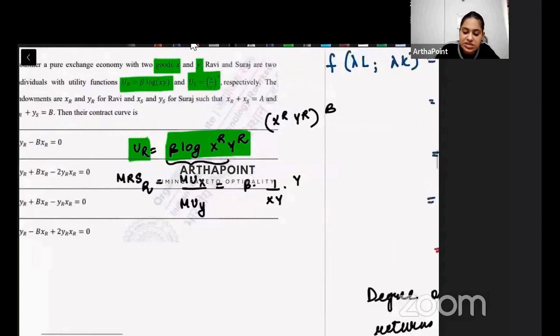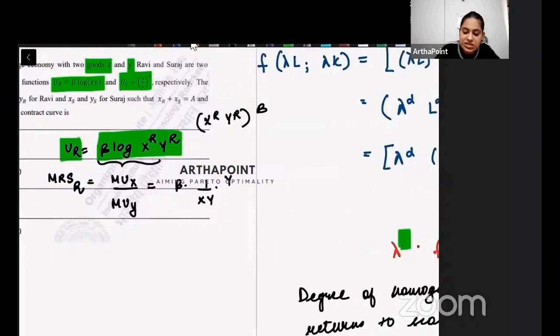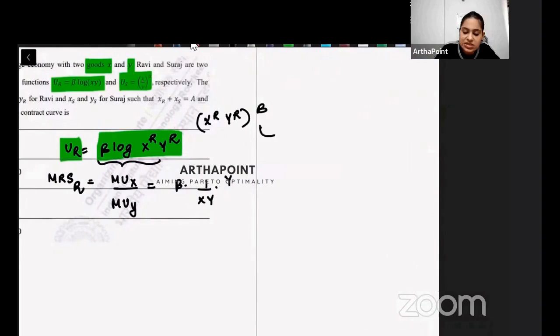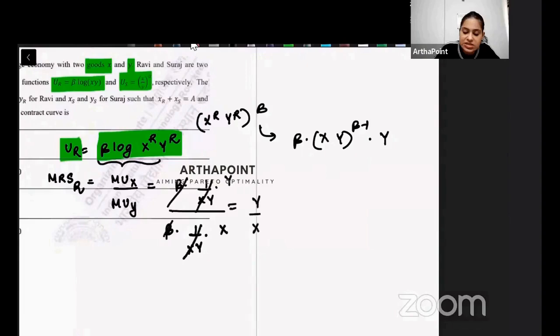Alternatively, if you would have done it for this utility function, xy to the power beta, what would you have got? Beta xy to the power beta minus 1 into y. Now do for MUY, what will you get? Beta log xy could have been 1 by xy. Differentiation of y will be x. So this gets cancelled, this gets cancelled, and MRS will be y by x.